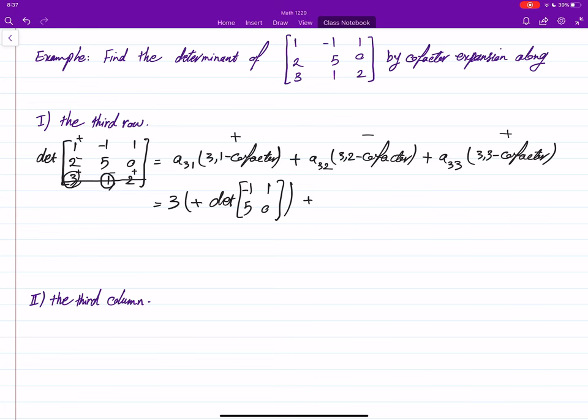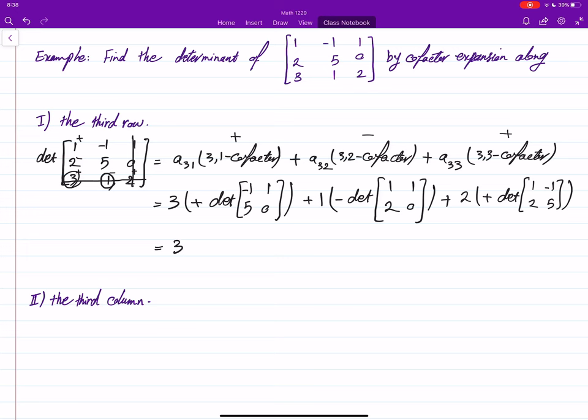This is this entry 1 times the sign of the cofactor, the 3, 2 cofactor is a minus, determinant of submatrix 3, 2. Delete row 3, column 2. The submatrix is there, and then find the determinant of that. Plus, this is done. Then the last one is 2 times plus determinant of submatrix 3, 3, which gives us 1, 1, negative 1, 2, and 5.